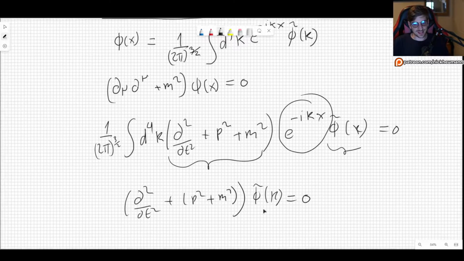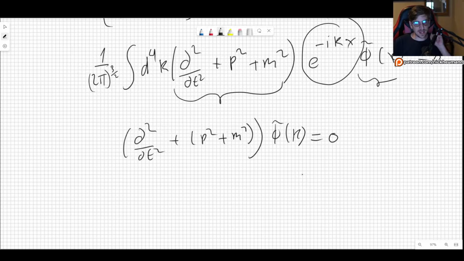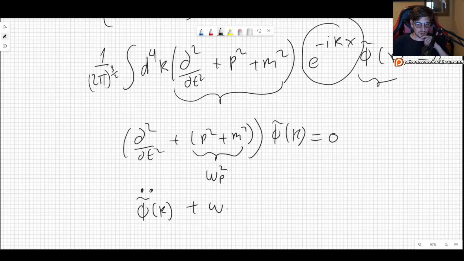Now, what is this? Well, this may seem quite familiar, and if not, don't worry. We will write it in a more suggestive way. So this thing right here, we can write as an angular frequency squared, and then just multiply through. So we have phi double dot plus omega squared phi k. Now what is this?